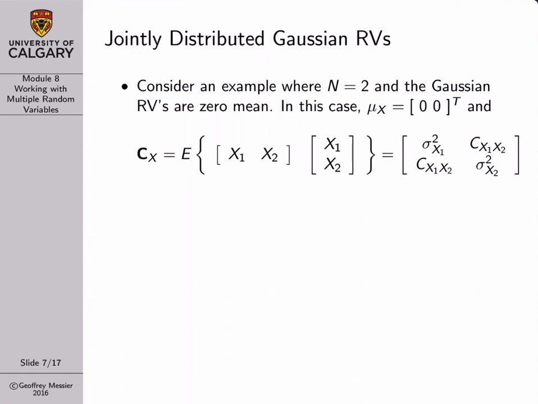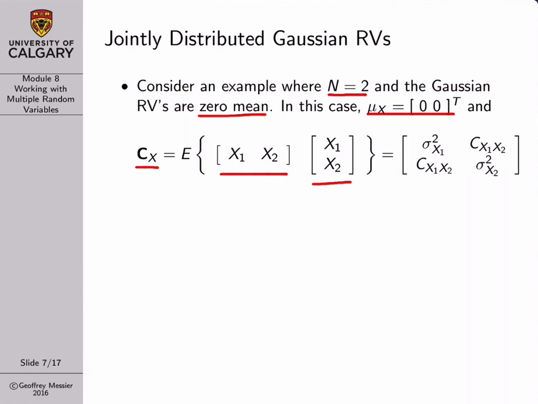To get a little bit more familiar with this expression, let's consider an example where n is equal to 2. So we're using our joint distribution just for 2 random variables. The Gaussian random variables are 0 mean, so that mu x vector is just equal to 0. And then the covariance matrix, and I'm not showing the mean subtraction here because the mean is 0, is just equal to the vector containing the random variables x1 and x2 multiplied by its transpose.